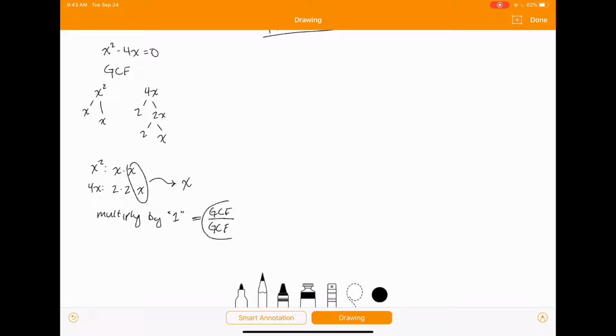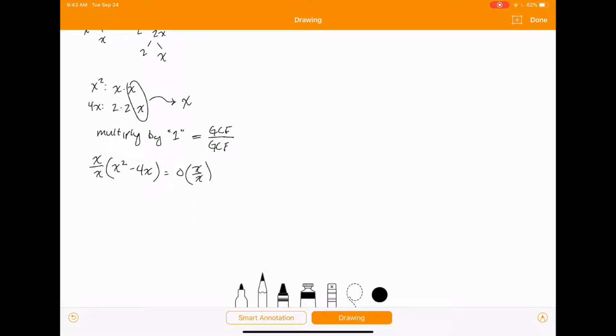All right, which is equal to 1. So in this case, our greatest common factor is x. We're going to do x over x times x squared minus 4x, equals 0. Now, you've got to multiply each side by the same thing, so we're going to multiply that 0 by x over x as well.